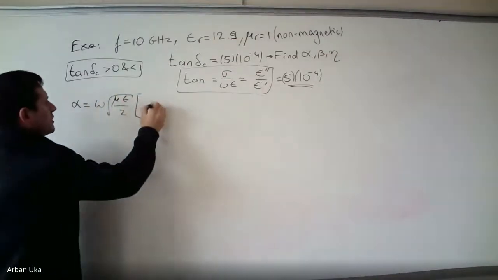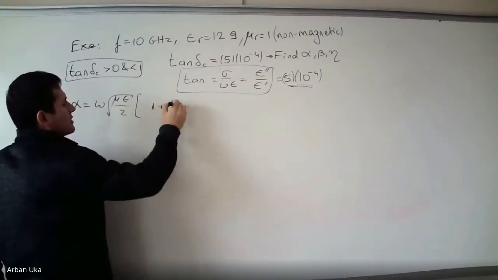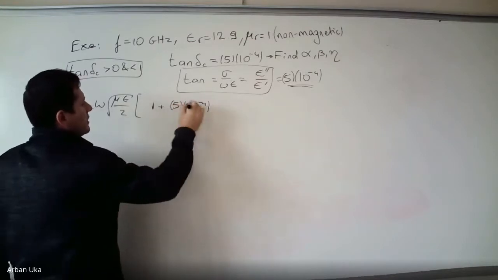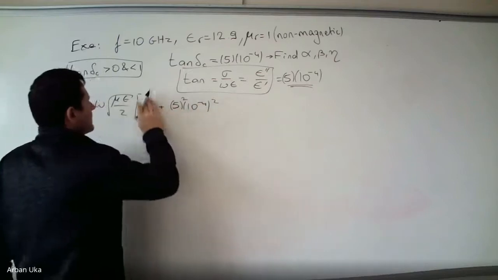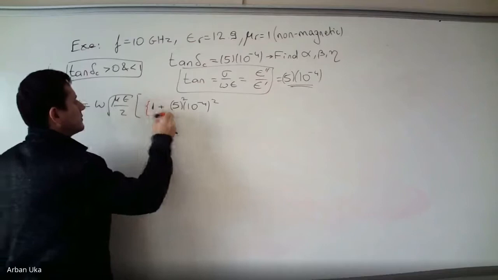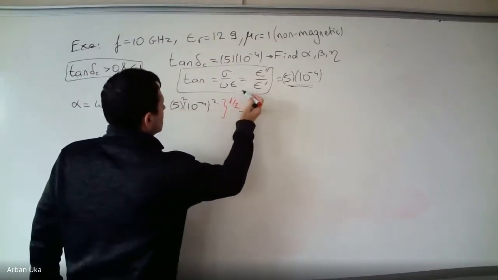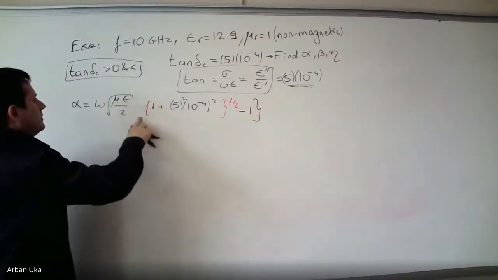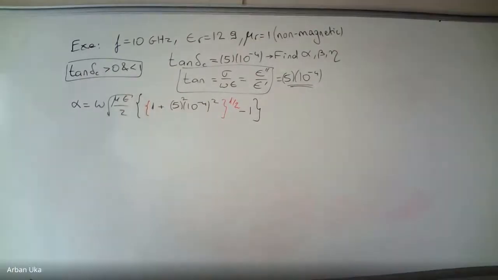You can correct me in here, 1 plus this small factor, so this is going to be 5 times 10 to the power minus 4, squared, then square root, 1 over 2, minus 1, okay, so this is what we are looking for in alpha.